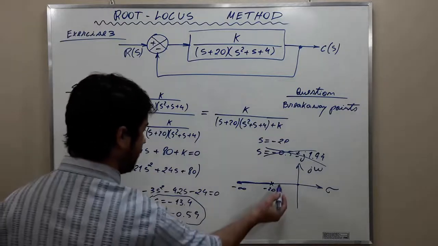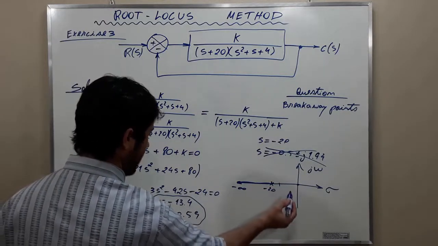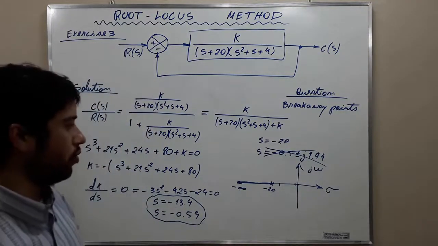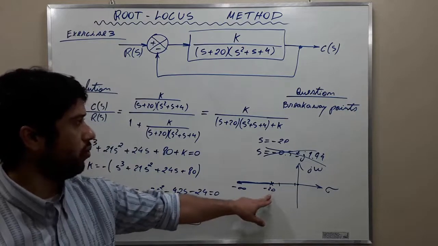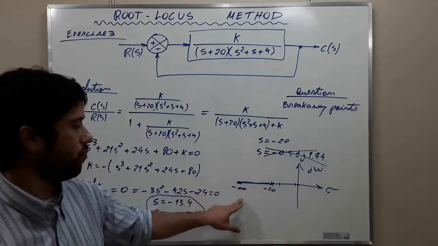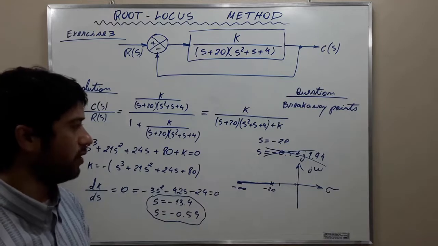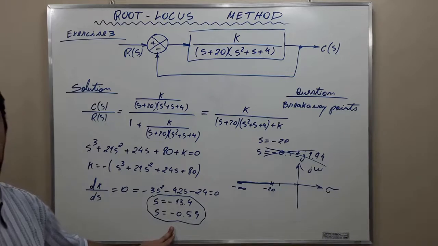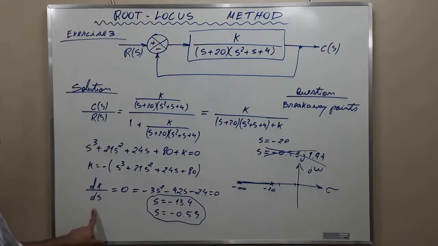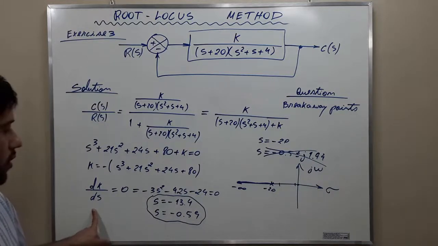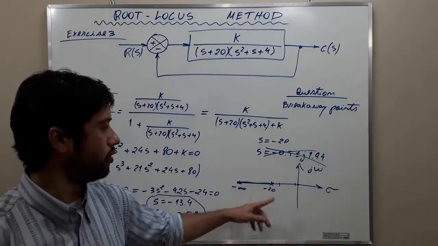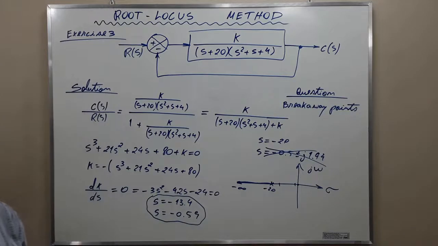Since minus 13.4 is here and minus 0.59 is here, they do not belong to the root locus. The root locus is only from minus 20 to minus infinity. Then we understand that these are not breakaway points. So the solutions of this equation that theoretically would give us the breakaway points don't belong to the root locus, therefore they are not breakaway points.